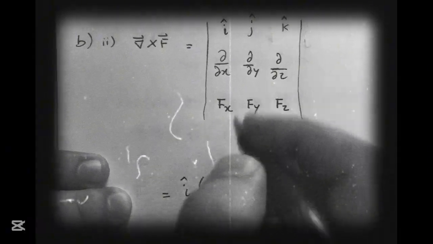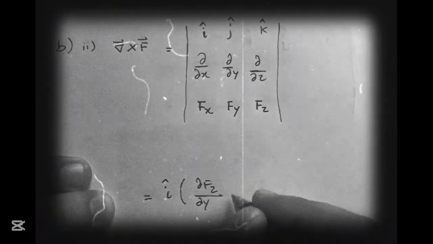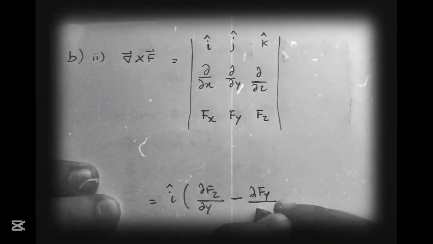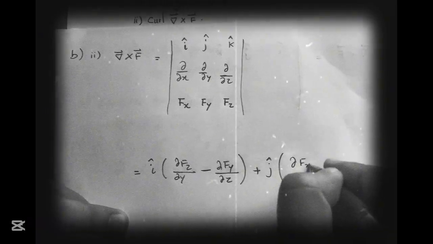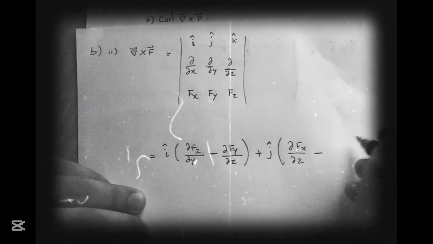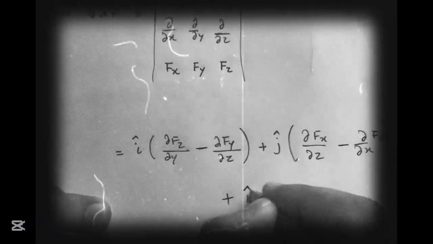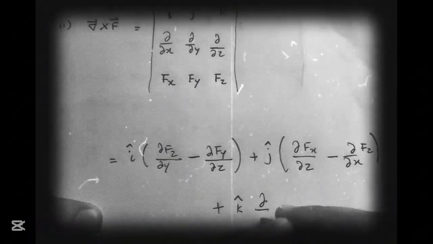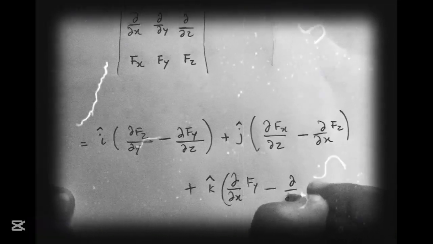If I expand this, the i component will be dfz over dy minus dfy over dz, plus the j component will be dfx over dz minus d by dx of fz, and then finally the k component will be d by dx of fy minus d by dy of fx.